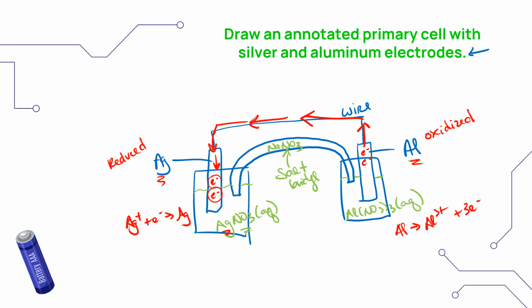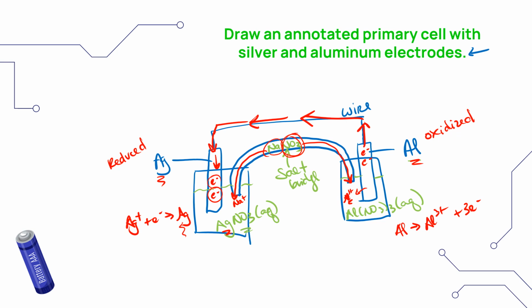In our salt bridge, because we're losing positively charged ions here, our sodium is going to flow that way. We're going to add more sodium ions to balance out the loss of the silver ions. On the other side, our nitrates are going to flow here because I'm adding more aluminum ion to the system, so I need more negatively charged things to balance out all the positive charges of those aluminum ions.